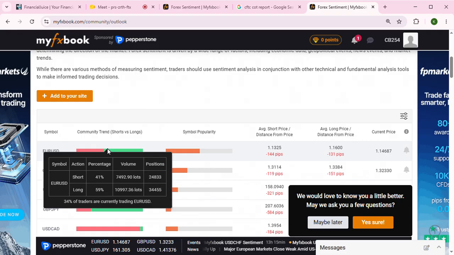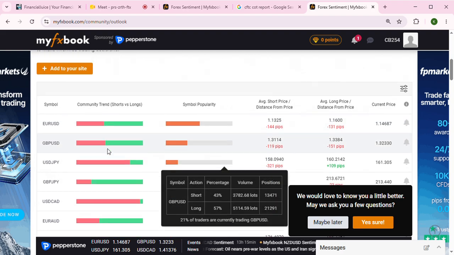In this case, what we normally do is join the minority, which are now the sellers, because in most cases the minority is where the smart money guys are, the big boys like the banks, the hedge funds, and the rest. The majority in most cases are the retailers. So for Euro USD, sentimentally we will be looking for sales.